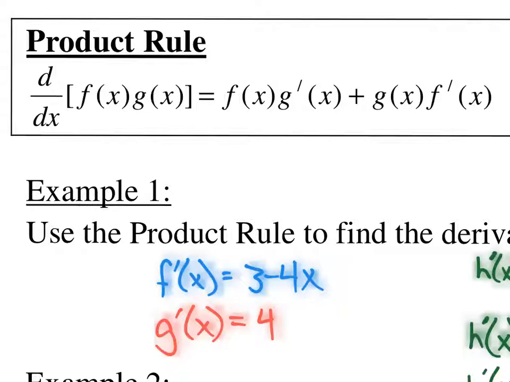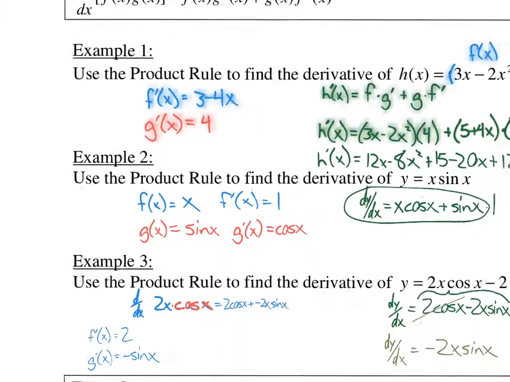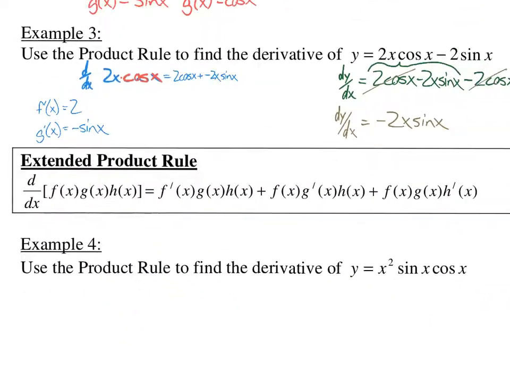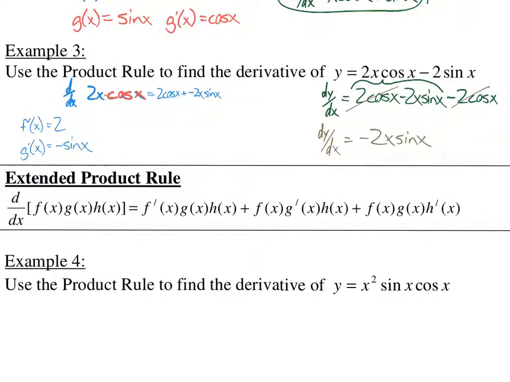If you kind of think of it in those terms, we can look down here at the extended product rule and deal with 3 terms. Notice each of these 3 things that end up being added together have f, g, and h in them. It's just each one has a different one differentiated, and the other 2 are the original functions. Okay?